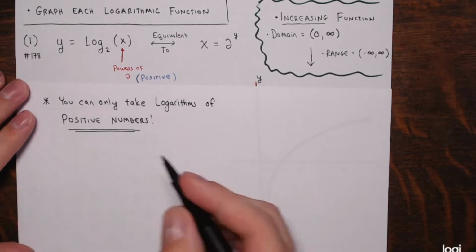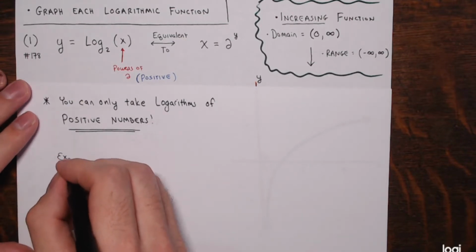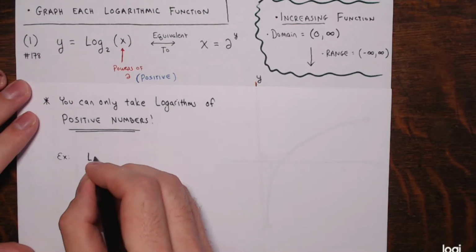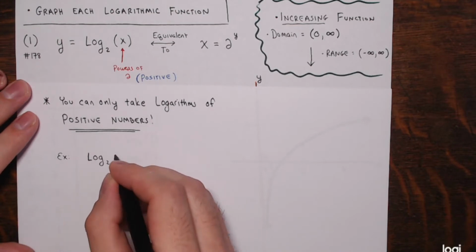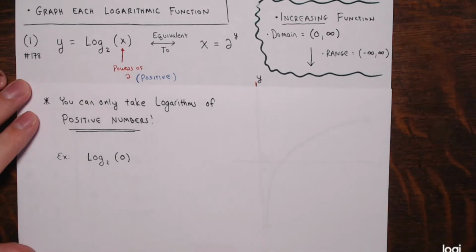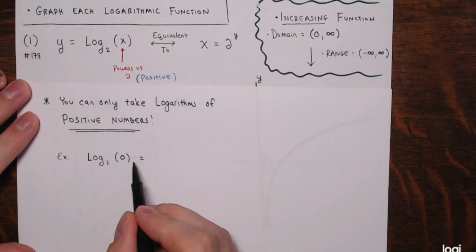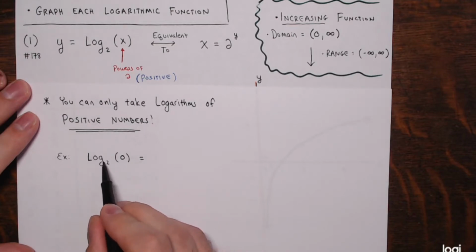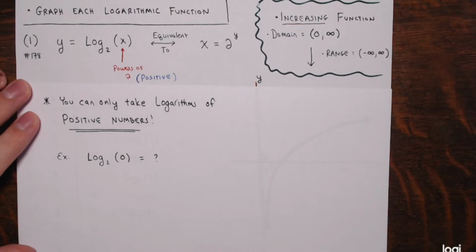Right, because for example, what if I said what's the log base 2? What if I plugged in 0 for x? Well, say I don't know what this is. The log base 2 of 0 equals some question mark. I don't know what that is.